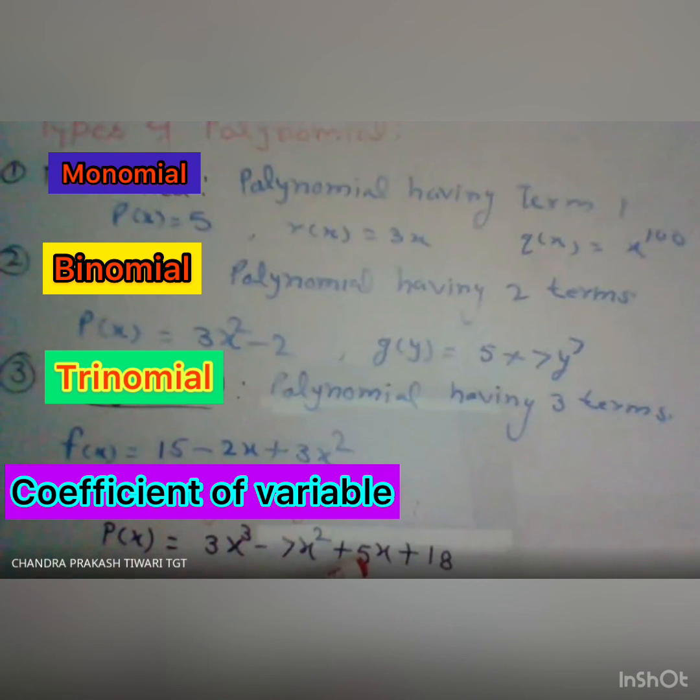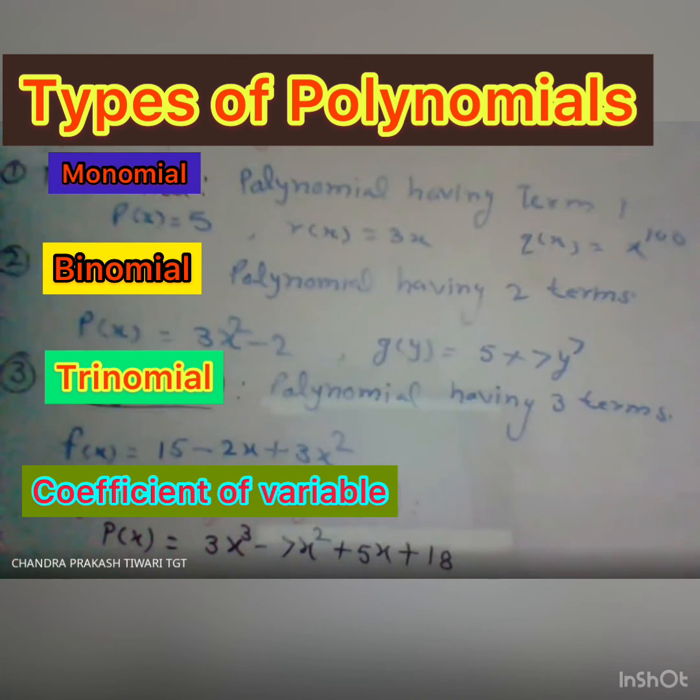And this is plus 5, so you can say only 5. 5 is the coefficient of x, and this is always known as the constant term. The constant term has nothing to do with the variable. Whatever real number is with the variable is known as the coefficient of that polynomial.